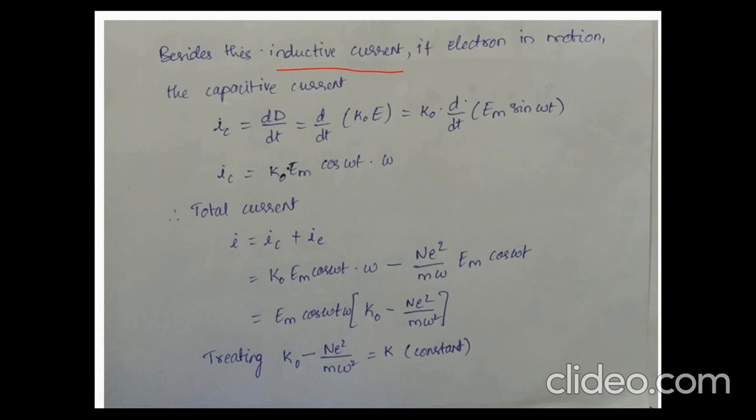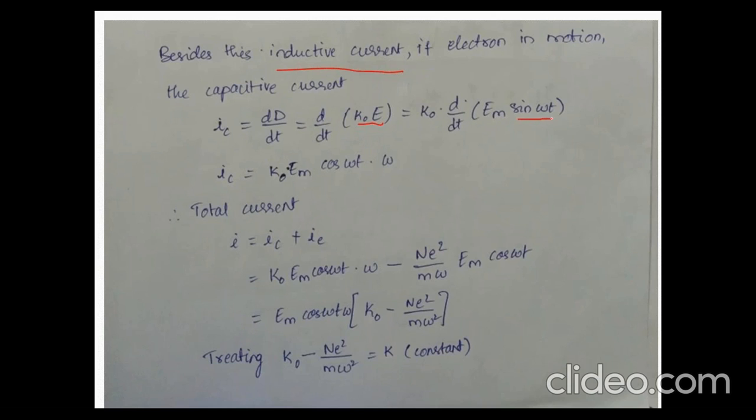The capacitive current Ic equals d by dt of capital D. Capital D is nothing but K naught into E, and K naught is constant. So take out K naught into d by dt of Em sin omega t. What is the derivative of Em sin omega t?